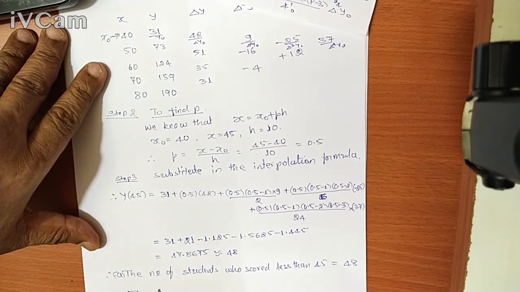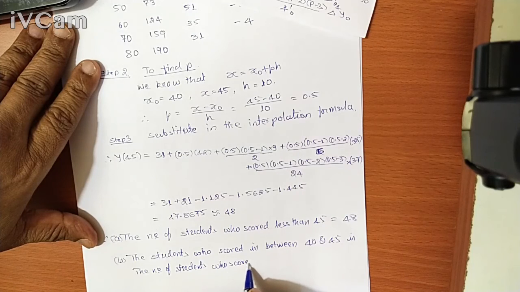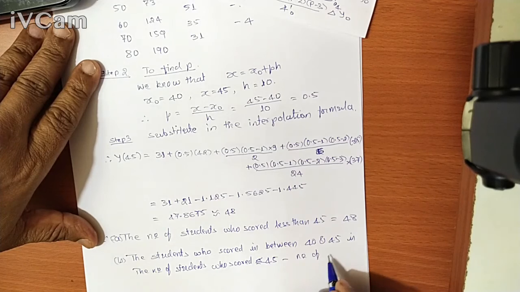The number of students who scored between 40 and 45 is the number of students who scored less than 45 minus the number of students who scored less than 40.